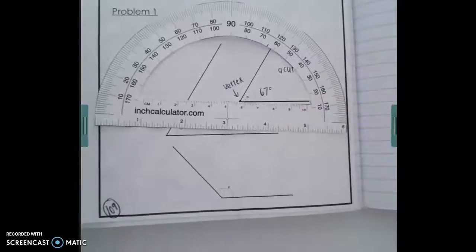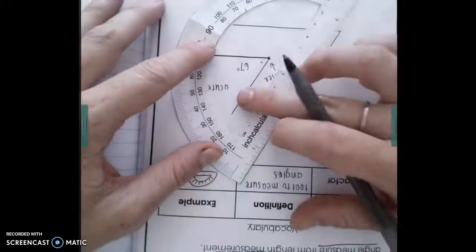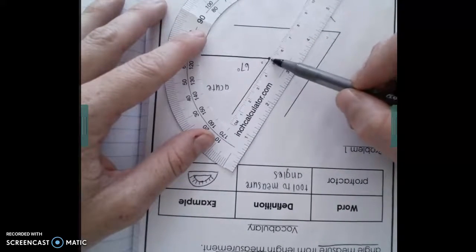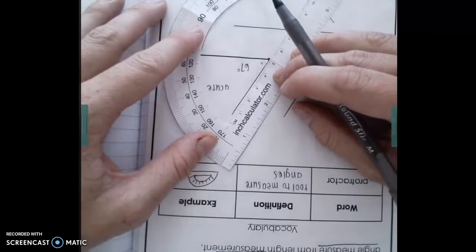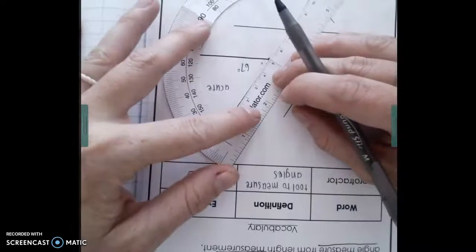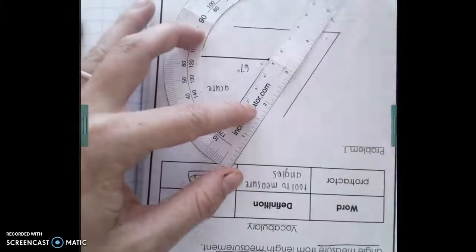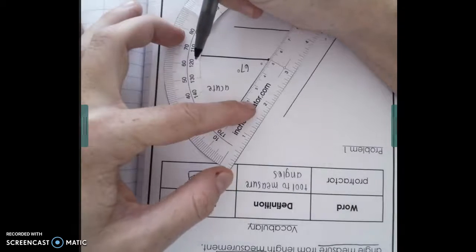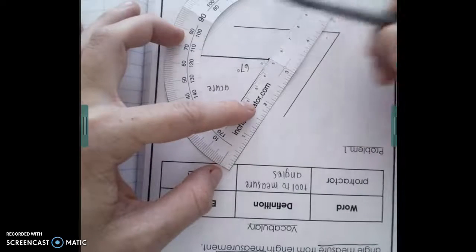If I did it on the other side, so I'm just going to flip my book over, I should get the same measurement, right? So instead I'm going to use this line as my base. I line it up with that little line right here, take the bottom of my protractor, and line it up right here. Now it looks like it's 120. What happens with protractors is they go both ways.